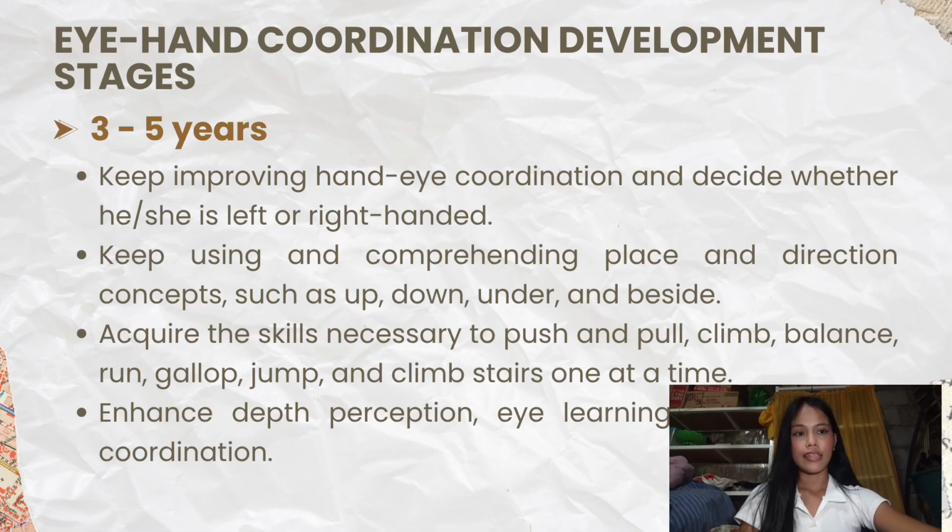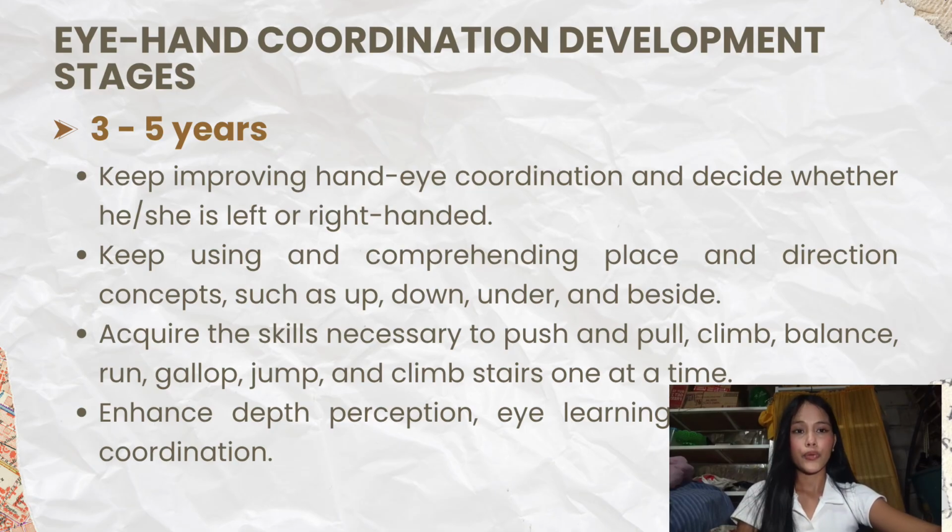Now for the next slide is 3 to 5 years. In this stage, the child's hand-eye coordination develops even more. Because in this stage, they also discover whether they are left-handed or right-handed. They learn to run, jump, climb, balance, and also push and pull.